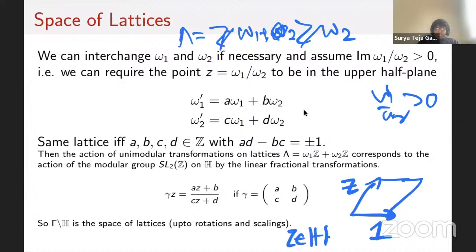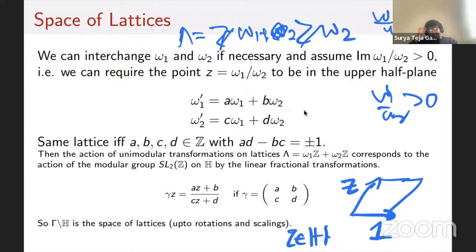So one way to parameterize lattices, up to scaling and some rotations, is just as a point in the upper half plane. Instead of taking W1 and W2, I scale and take W1 over W2 and 1. I parameterize it by this number Z and 1.